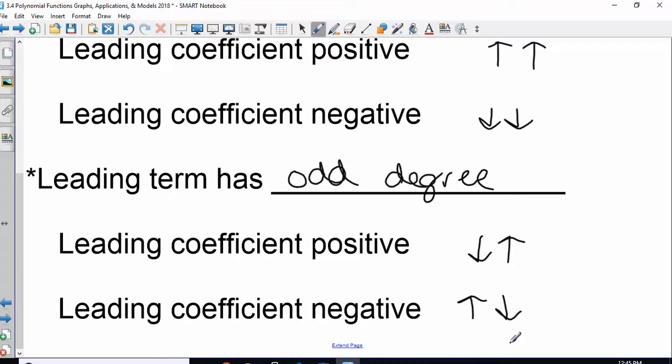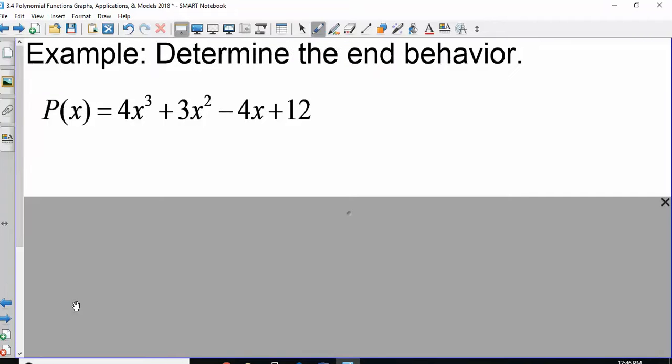It would go up, down. It's just going to flip. Alright. So far so good? So we're just going to practice looking at some and deciding the end behavior.